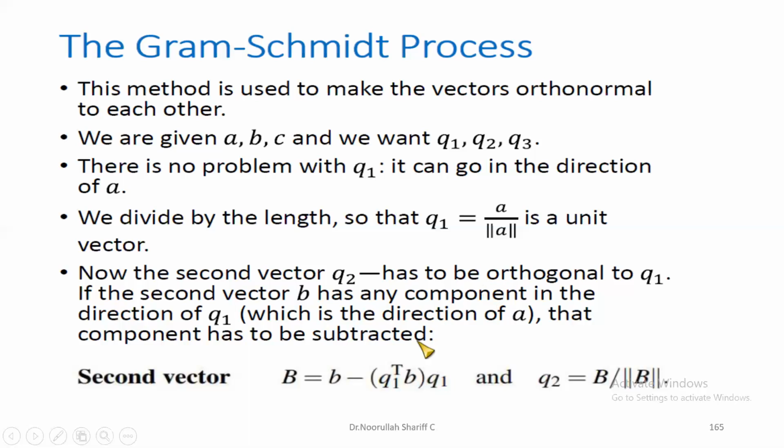So if you remove the component which is in the same direction, what we are left with is an orthogonal component, and that we call capital B. Capital B is small b minus Q1 transpose B Q1.